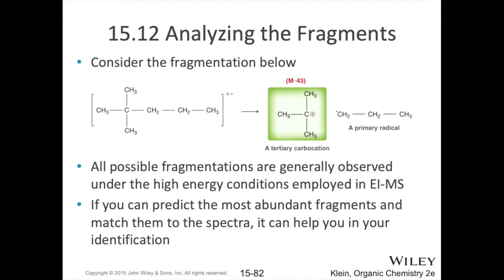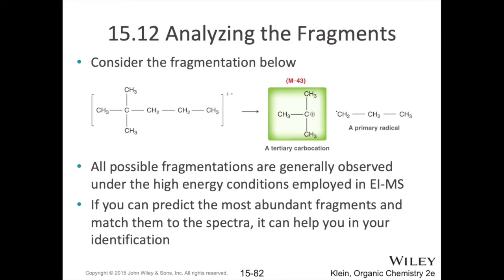Now, why do certain fragments have different stabilities? This goes back to the electron donating effect from our alkyl groups, right? If you remember, due to hyperconjugation, that's the overlap of those carbon-hydrogen bonds with the empty p orbital on your carbocation, you have a certain stabilizing effect when your carbocation has an alkyl group attached to it. So tertiary carbocations are more stable than secondary carbocations, which are more stable than primary carbocations, which are more stable than a methyl group.